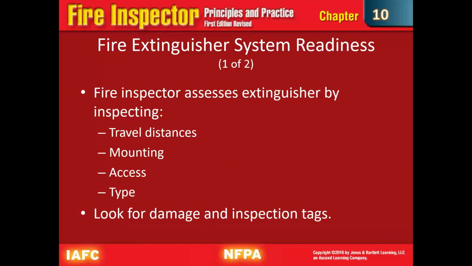So some things to consider whenever we're going to assess what type of extinguisher is needed is the travel distance, the mounting, access, and the type of the extinguisher. Whenever we're inspecting these extinguishers for use, we want to look for damage in the bottles, on the valve necks, the hoses, and the handle.